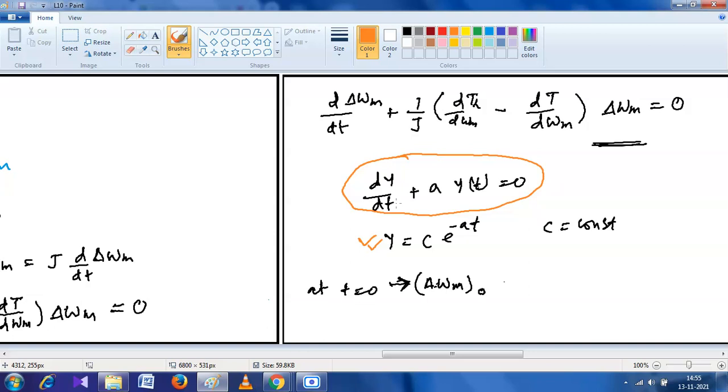The value of c depends on the initial condition of y. C is basically a constant. So if we consider the value of the speed change at t is equal to 0 is delta omega m 0, then tell me the solution of the above equation.